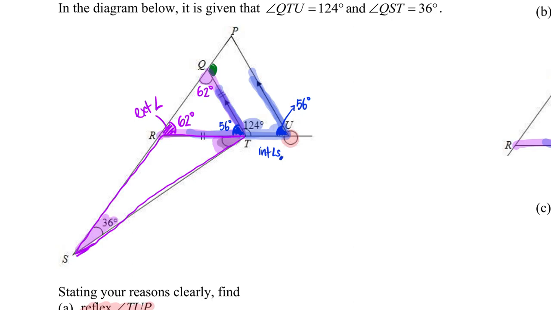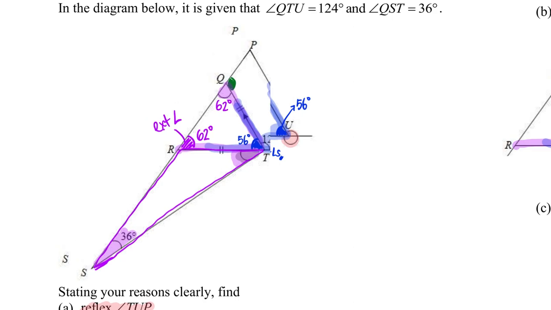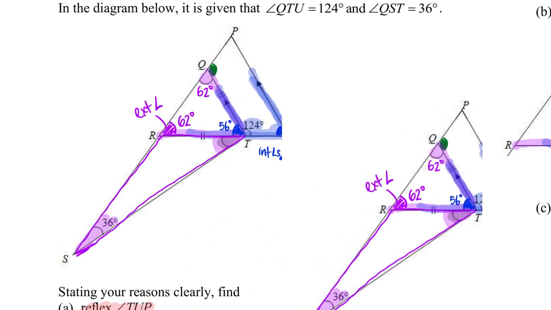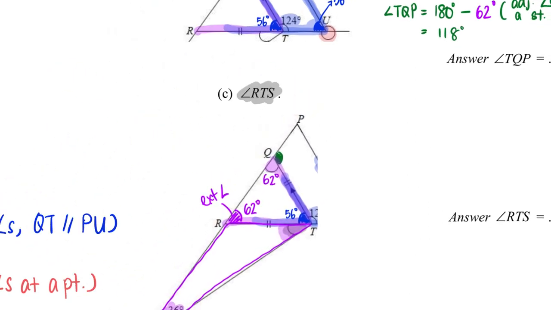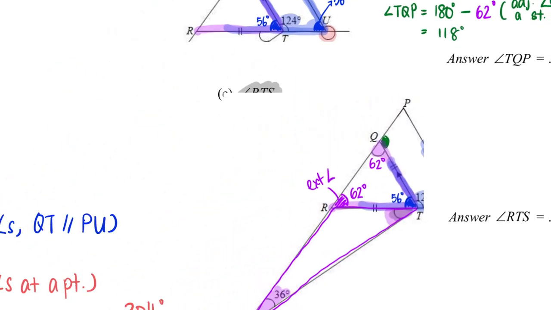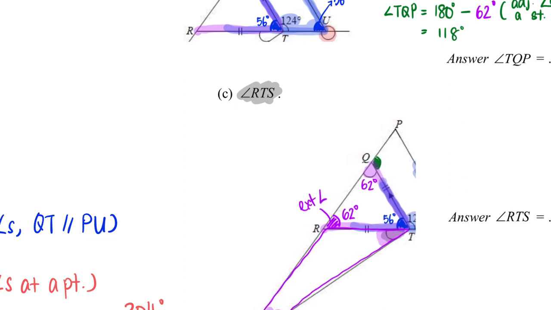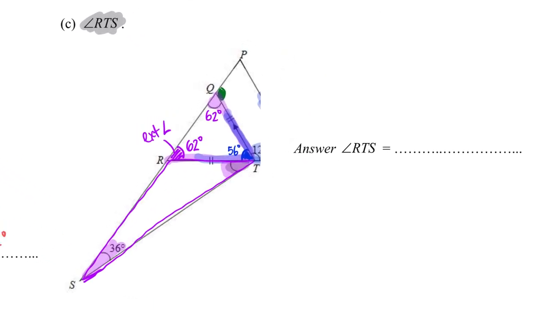So I'm going to cut out this part so that we can focus on this. I'm going to shift it to part C so that we can then find our answers easily, okay?